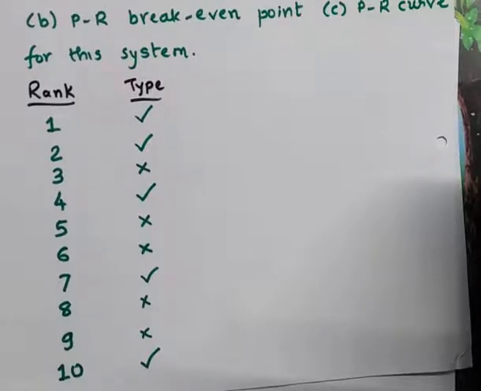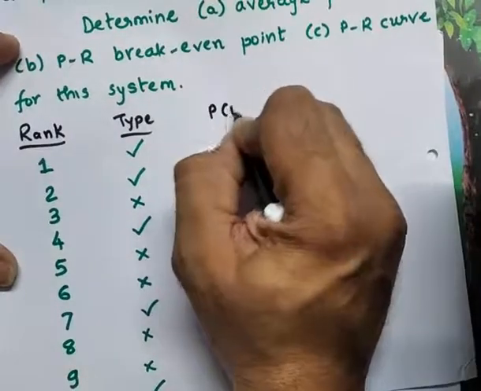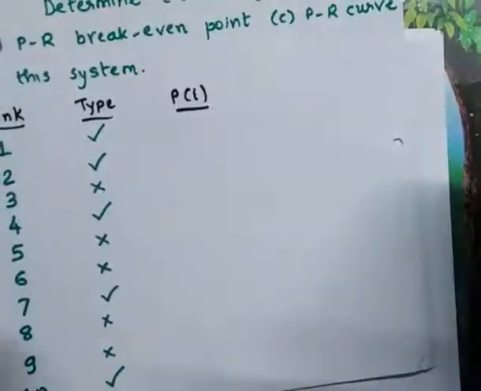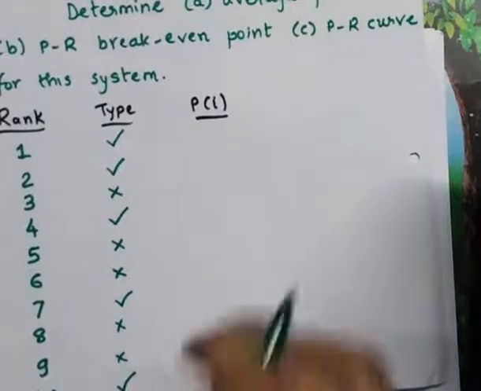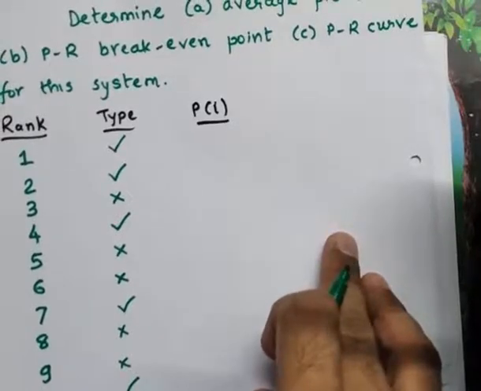So we will begin with the calculation of precision and recall at each rank position. Okay, so let us start. I will first determine the precision. As we know, there are 10 documents in our response set and the first document is relevant.